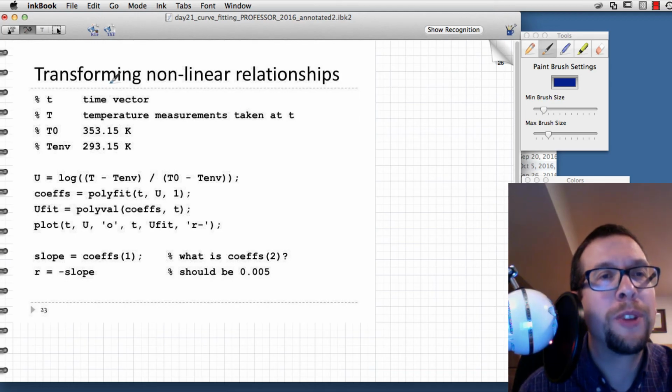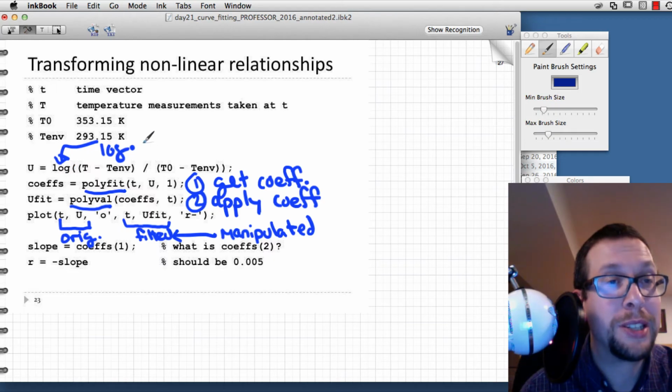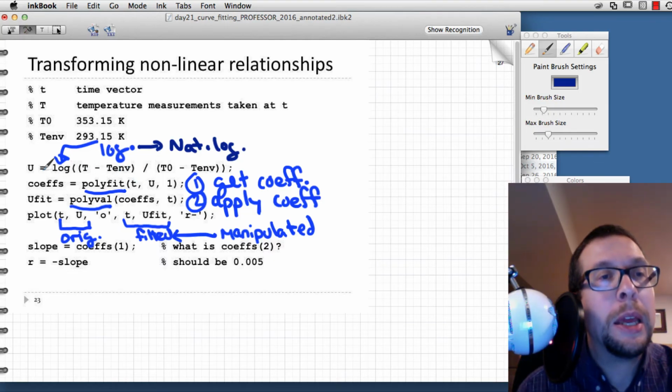So here we go. We've got a MATLAB script to transform this nonlinear relationship. And effectively what we've got is the natural logarithm, log. In this particular case, that's how MATLAB refers to it. This is the natural log. It's not a typo. That's actually how you do it. And then you've got the equation where this is the ratio of temperature values that we were talking about earlier. That's the equation right there. We have data points that were defined in terms of t and u.